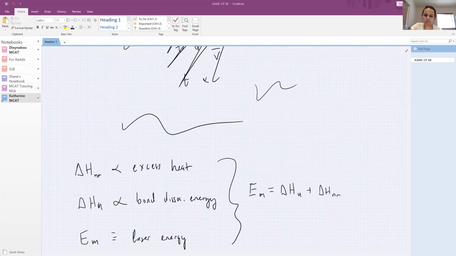Let's see. A says that PAC can be used on samples with specific heats larger than water. I have no idea how that is related to the whole PAC thing, because you could just use something else.